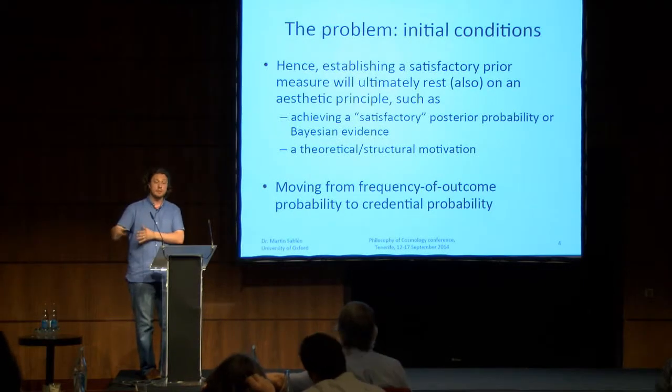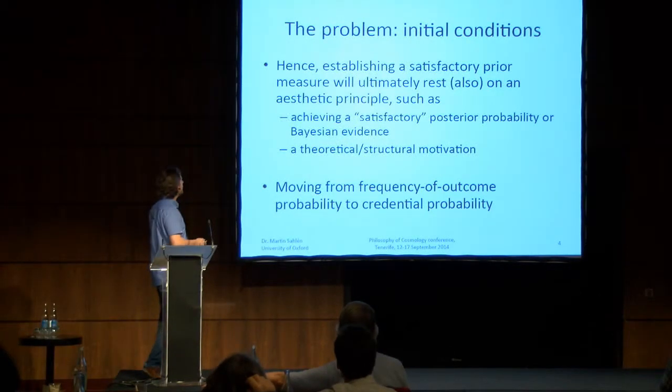You might feel that it's natural given some context. So this really is moving from the realm where we can think of probability as frequency of outcome into just credence in some more general sense. Okay?